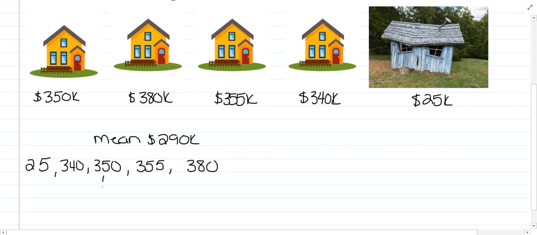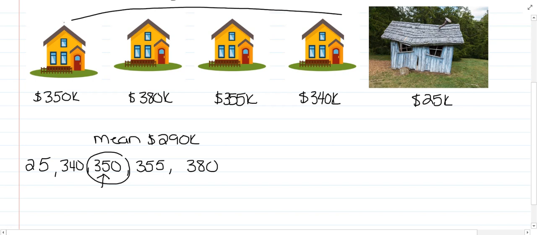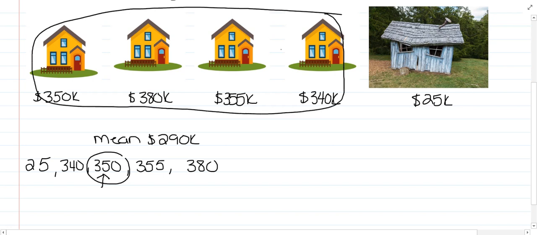Well, now the middle value is 350, and that 350 is much more representative of these 4 homes. Now, yes, having a shack on the street is going to bring the face value down a little bit, but not as much as this 290 right there. So you're going to want to use the median value in things like real estate.